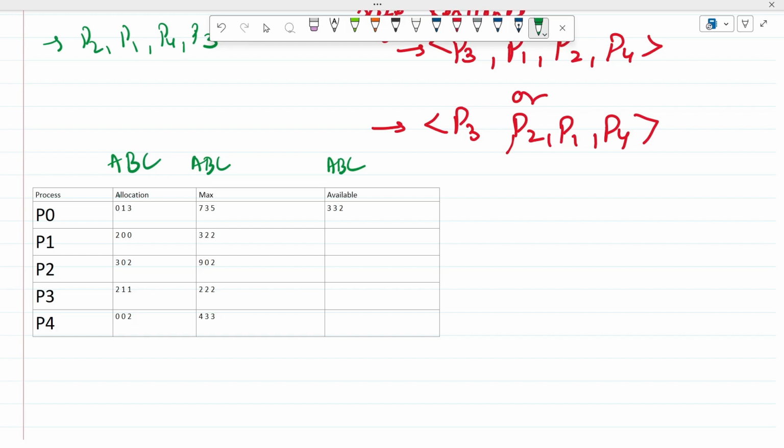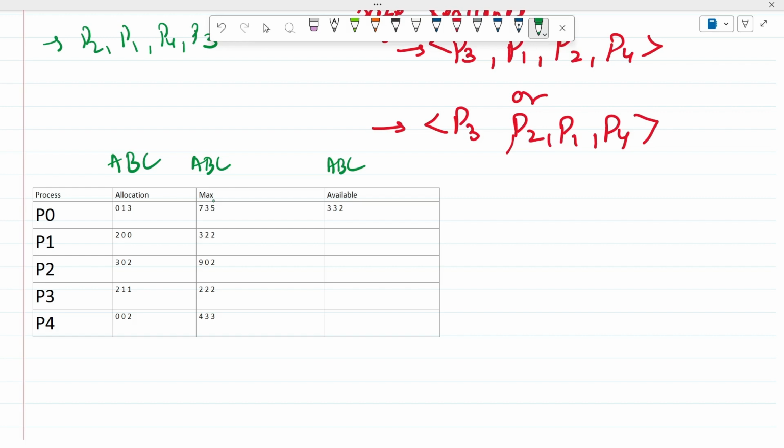For B type, it has 1, and for C type, P0 has 3. Maximum A needed is 7 for P0, B needed is 3, and C needed is 5. So more than one resource instance is available in a particular system, and we have to provide a particular instance for a particular process.